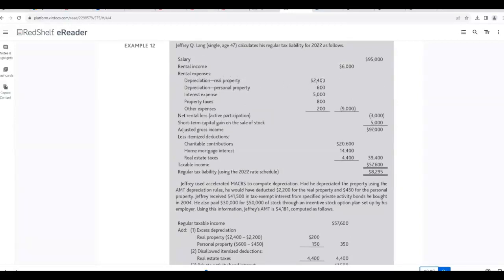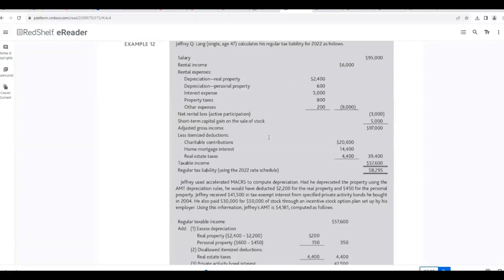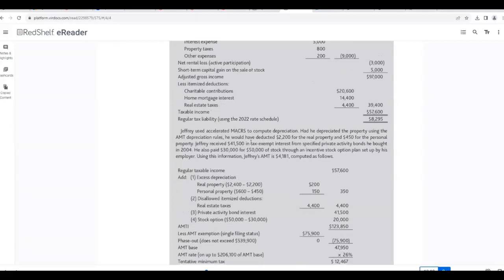Using the accelerated method, it looks like it was a little bit higher. But if you use straight line, it would be deducted $2,200 for the real estate property and $450 for the personal. So keep those two things in mind.